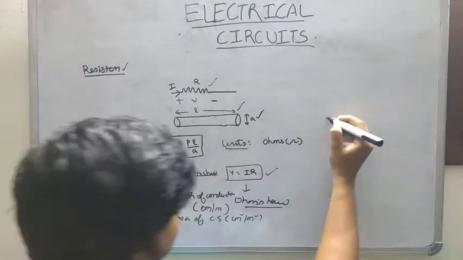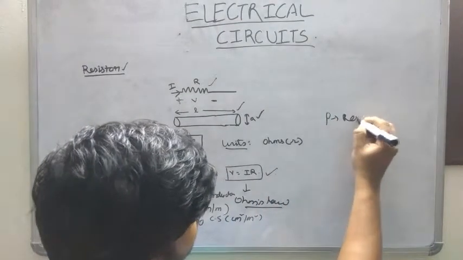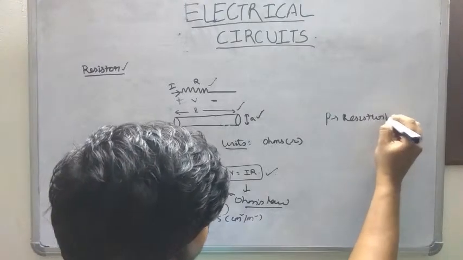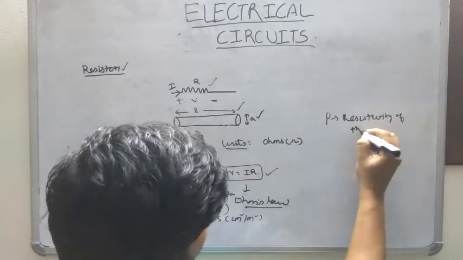And rho is the resistivity of the material.